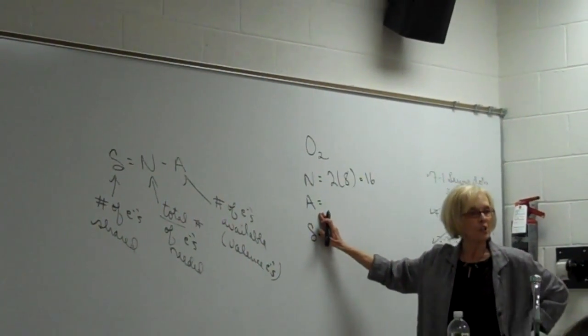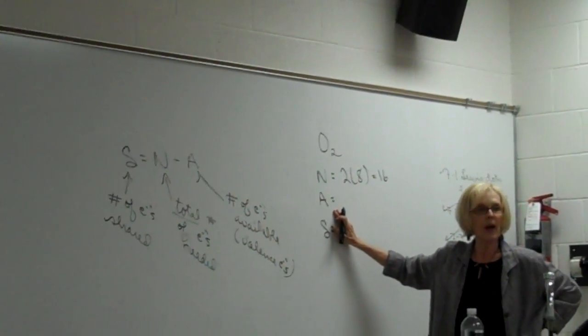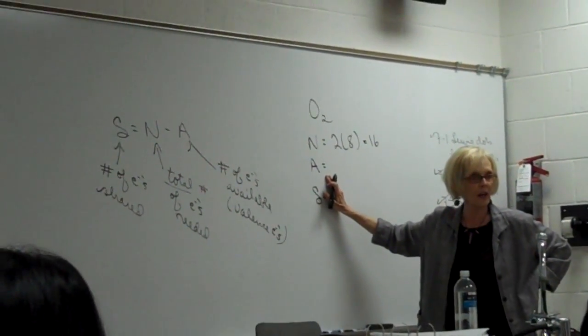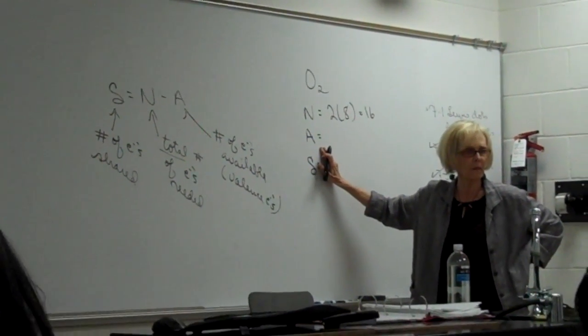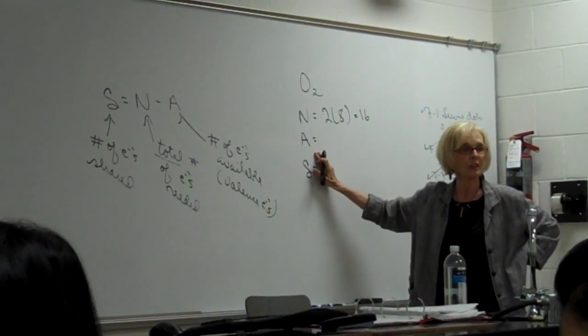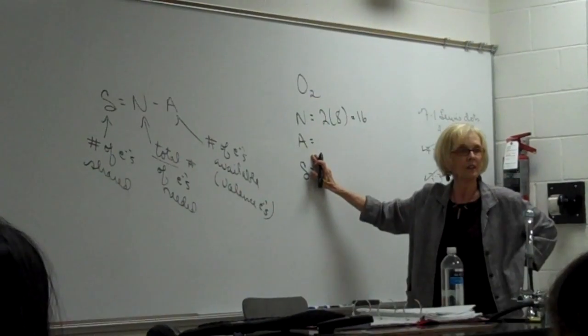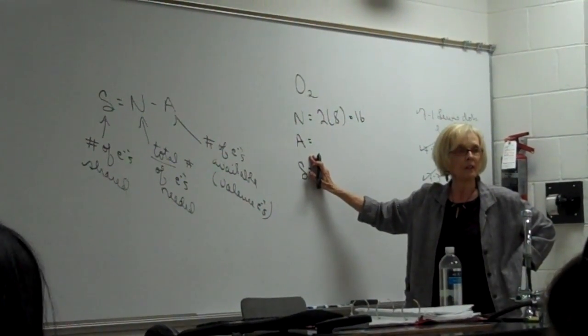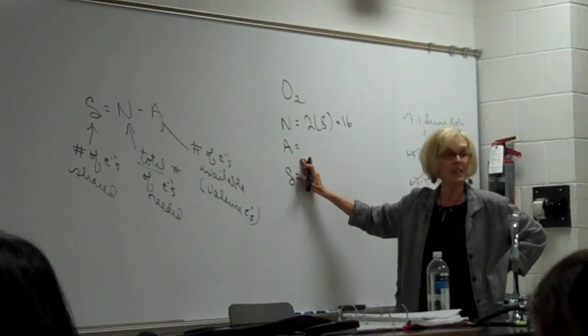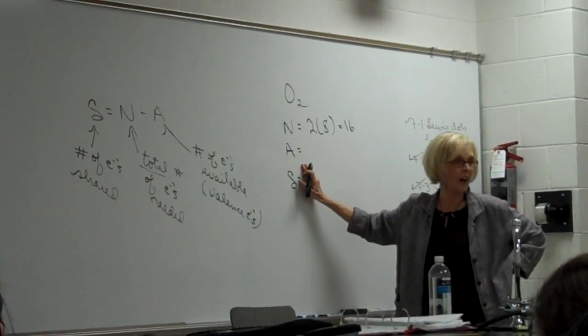Now, each oxygen comes in with how many, Antonio? How many valence electrons does an oxygen have? Oxygen? Look at the family name. It's a wonderful clue. It needs 8, but how many does it have right now?